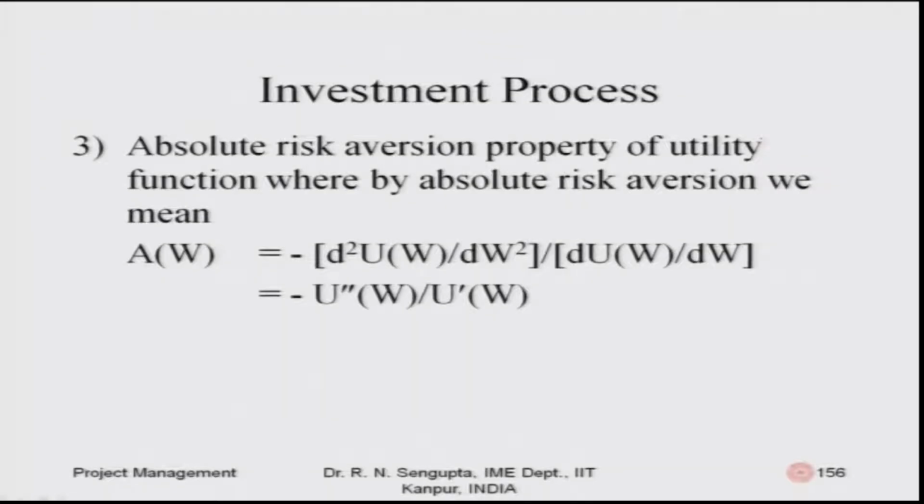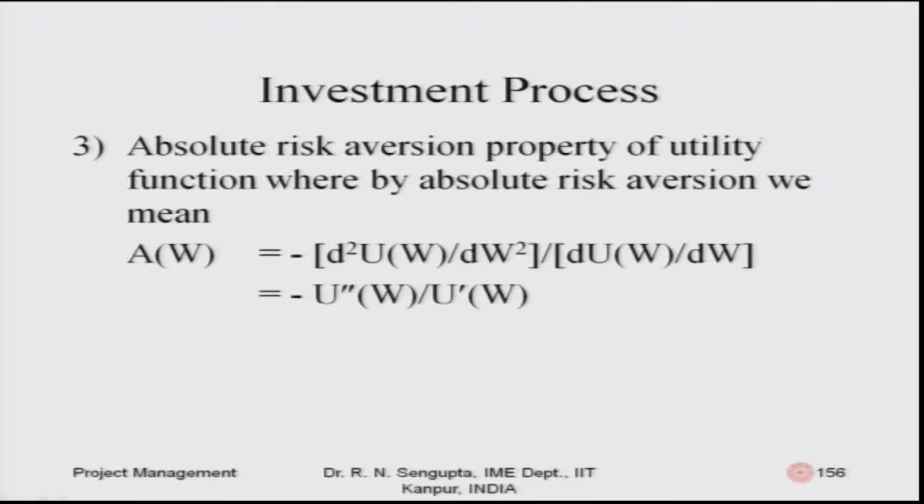So, A(W), which is the absolute risk aversion utility function, is given by negative of u double prime divided by u prime. Now, if you see this term, u prime is always positive. So, the property of A(W) would depend on u double prime. If u double prime is positive, positive multiplied by negative 1 will be negative in nature.